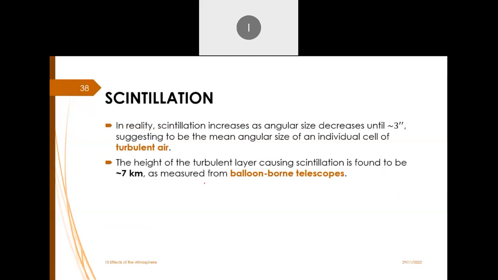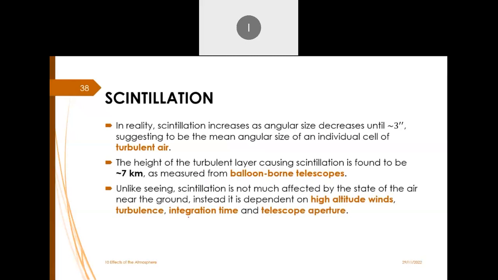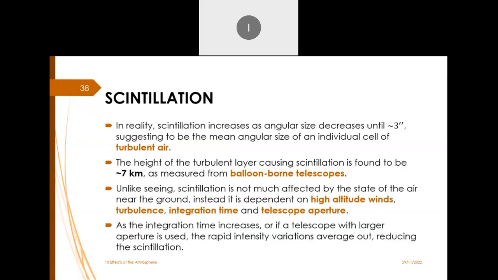Here, measured from a balloon borne telescope, a high turbulent layer causes scintillation, and it depends on high altitude wind, turbulence, integration time, and telescope aperture.